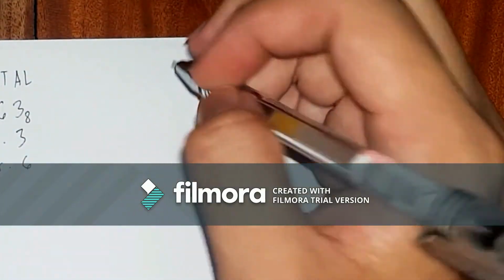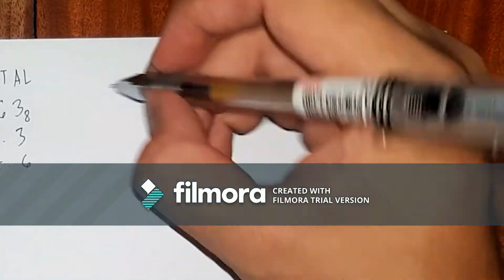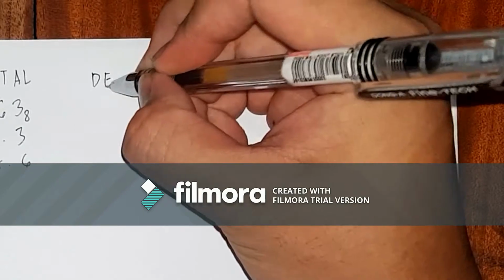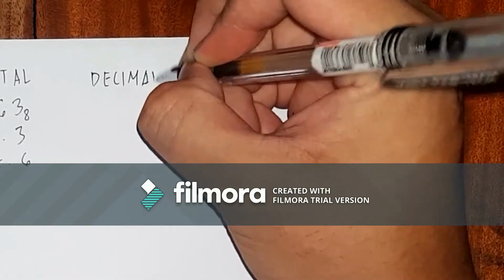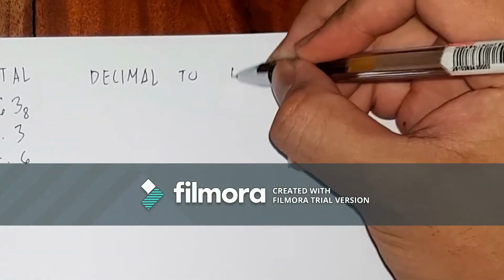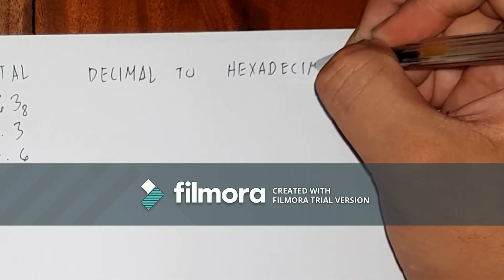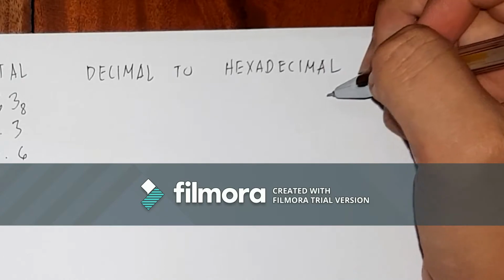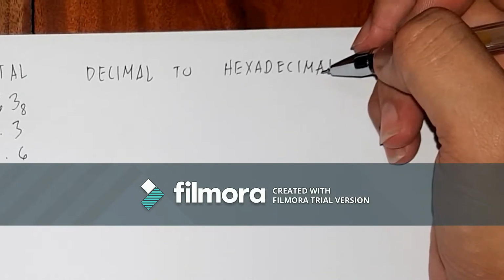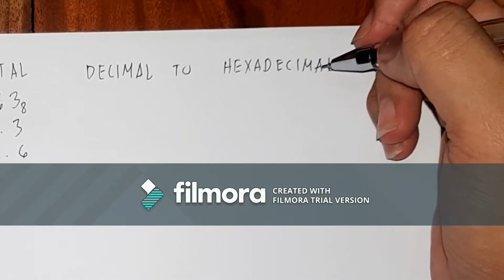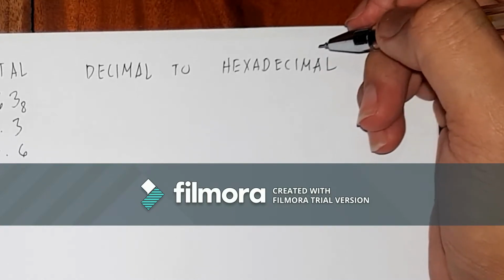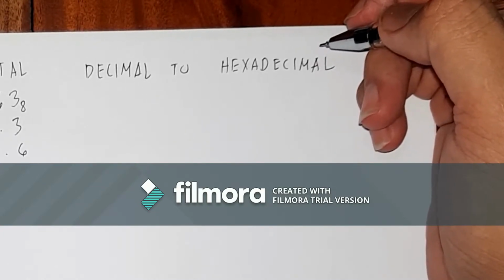Our last conversion for decimal is decimal to hexadecimal. Same steps, same procedure, but different divisor. So hexadecimal has a base or radix of 16.